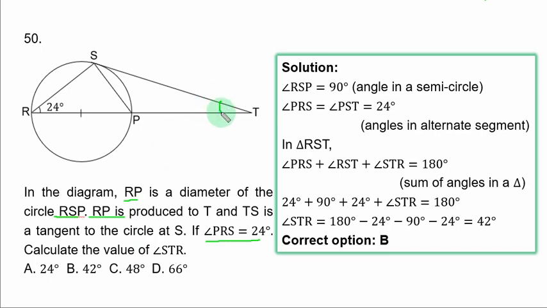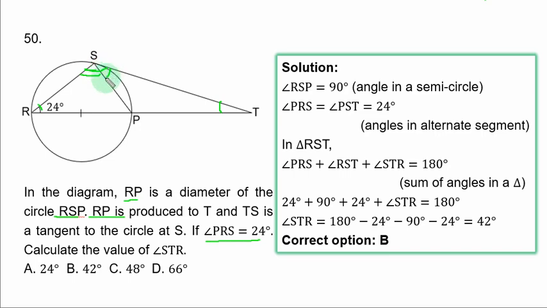We can consider triangle STR. So this angle here is already 24. Now you need the whole of this angle. Since TS is a tangent, it means angle RSP, this angle, is 90 degrees.